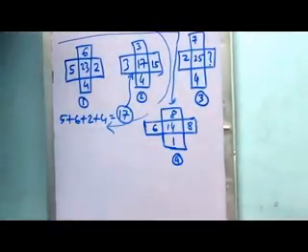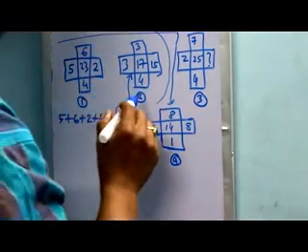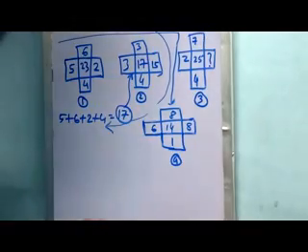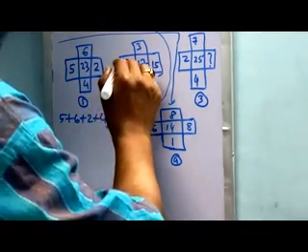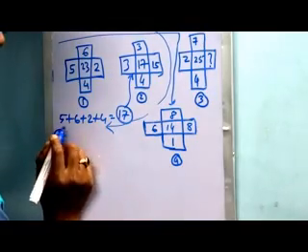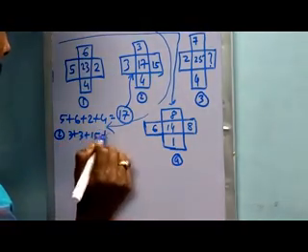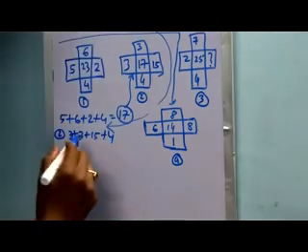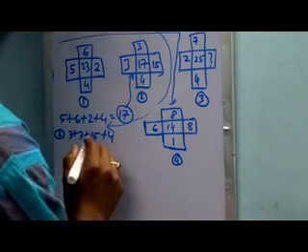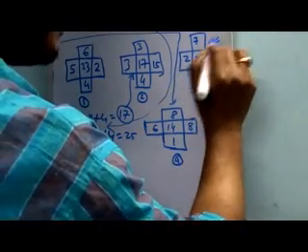Got the logic? Similarly, in case of diagram number 2, if we add all the numbers put in small squares, we get 3 plus 15 plus 4. So 3 plus 3, 6, plus 4, 10, and 15 plus 10 equal to 25. This 25 is put here.